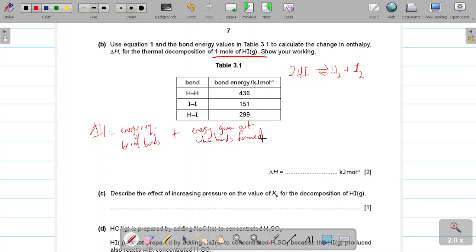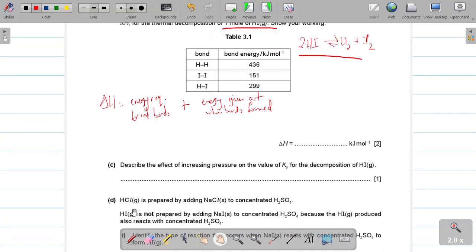So remember that bond breaking is an endothermic process. It requires energy. And bond forming is exothermic. So for this reaction, if we calculate the enthalpy change for this reaction as given, which is actually the equation for the decomposition of 2 moles of hydrogen iodide, we would calculate it as follows.